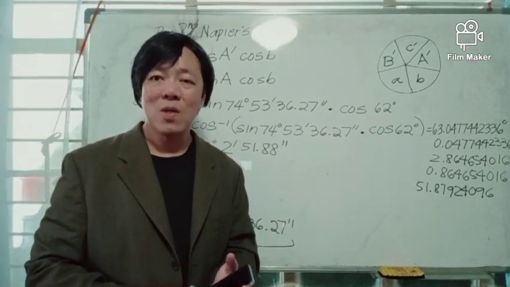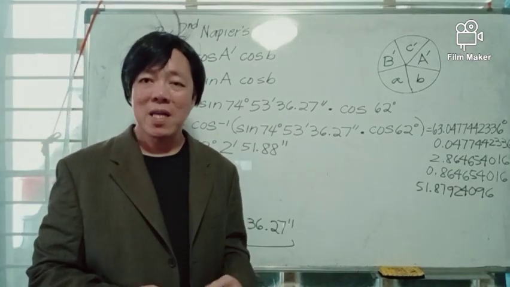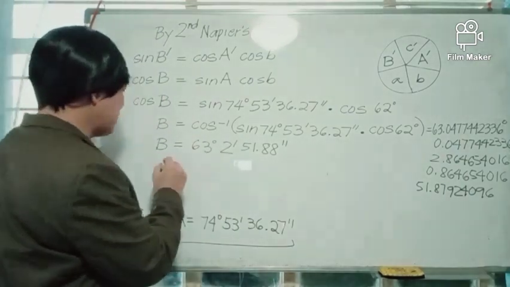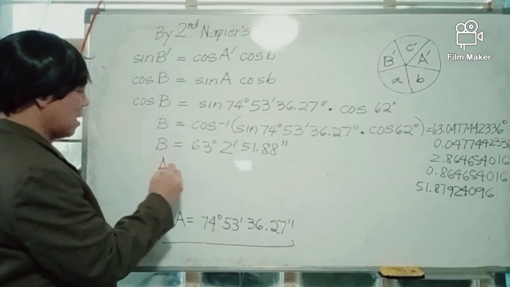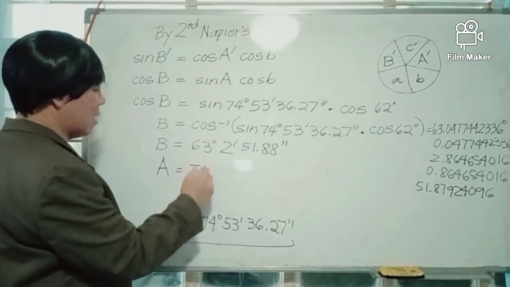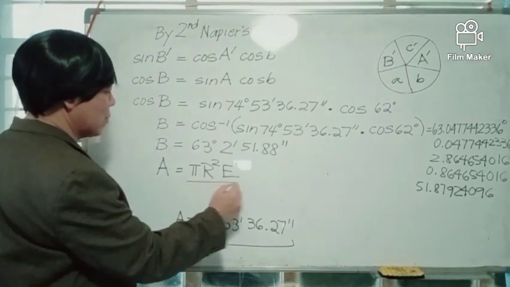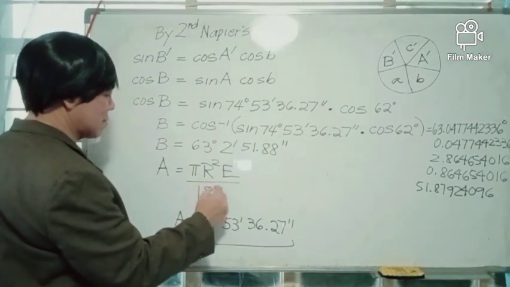Now we can calculate the area of the spherical triangle using the following formula. A equals pi r squared multiplied by E divided by 180 degrees.